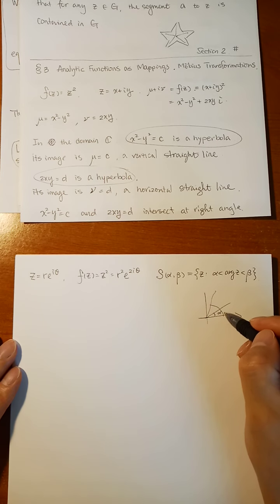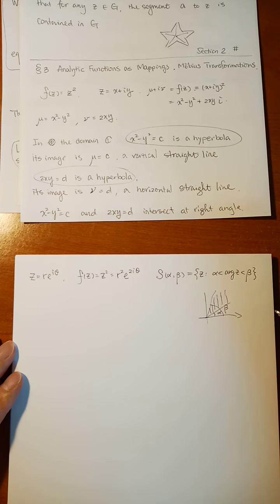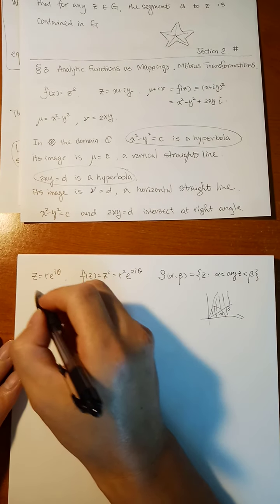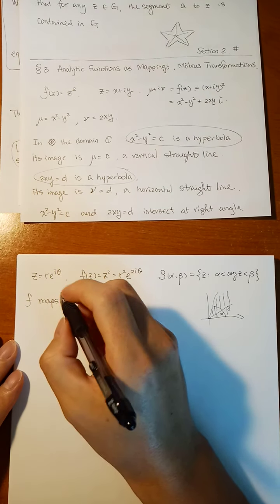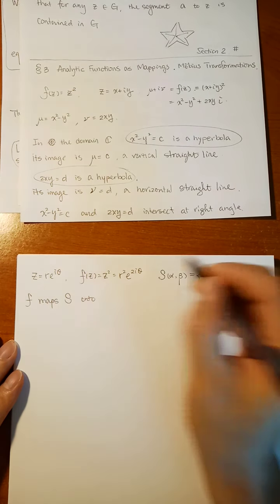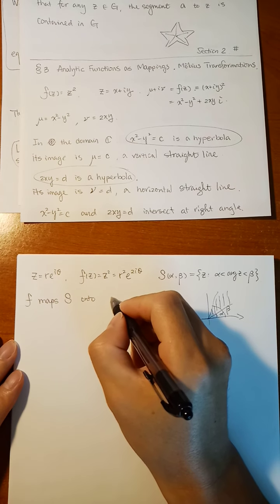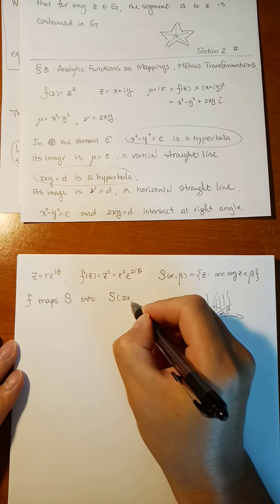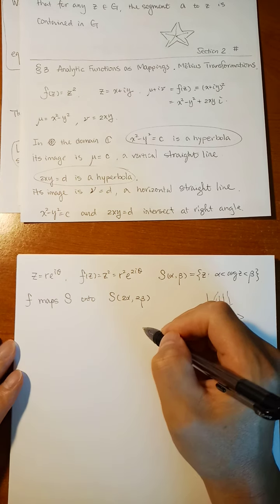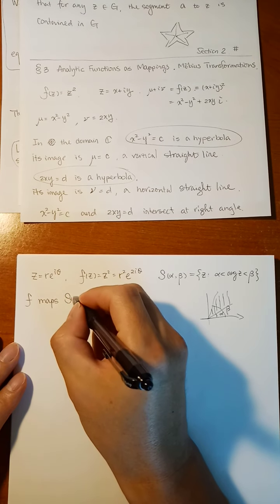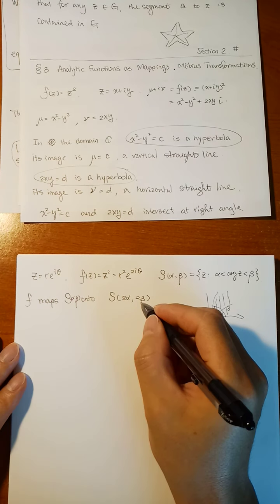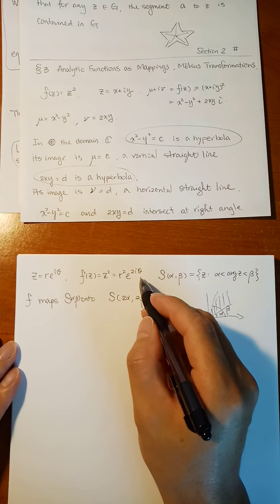This is alpha, this is beta. It's a sector, right? And then f maps S onto this one, S(2α, 2β). Right? It maps S(α, β) to S(2α, 2β), because you multiply by 2.